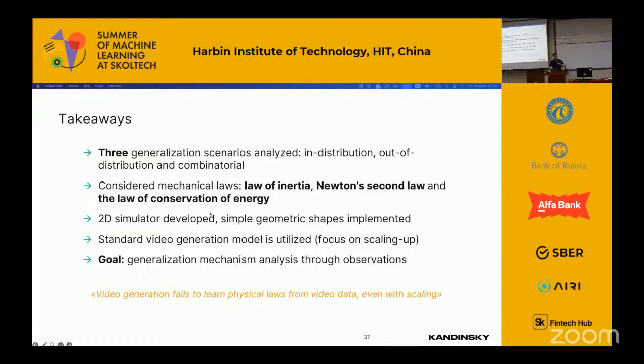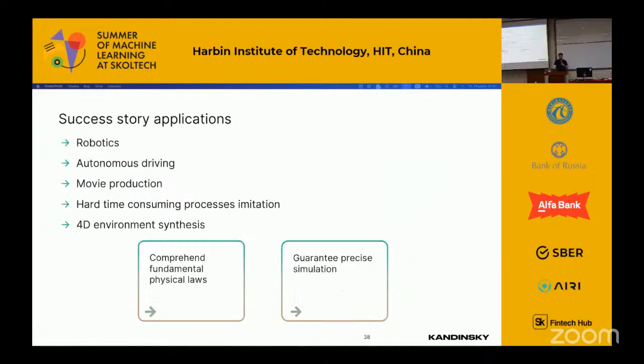They developed a 2D simulator and implemented simple geometrical shapes, as I showed you before. They trained UNets of different sizes, and they would like to answer the question: does this UNet really learn the physics?